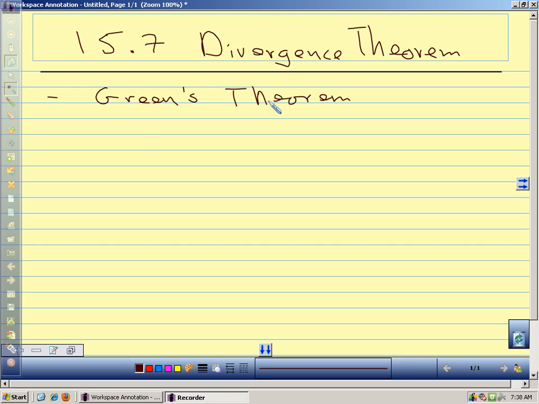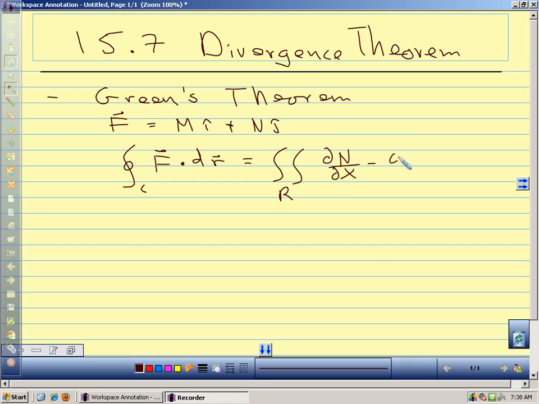In the plane, if our vector field is F = Mi + Nj, the line integral around our closed path of F dot dr was the double integral over our region of dN/dx minus dM/dy dA. So this was Green's theorem.